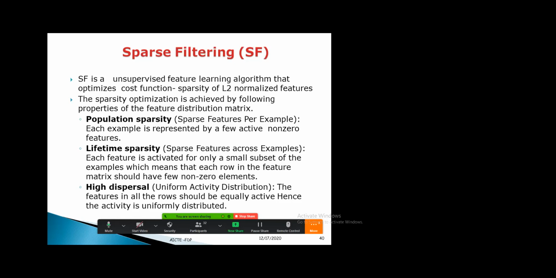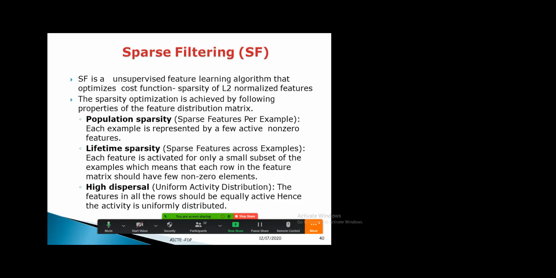So there is a difference between population sparsity and lifetime sparsity. Population sparsity means sparse features per example. Lifetime sparsity means only a small subset of the features is active. So it can separate the classes very easily.